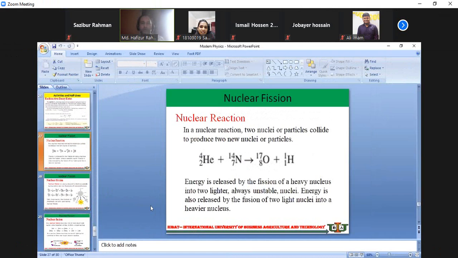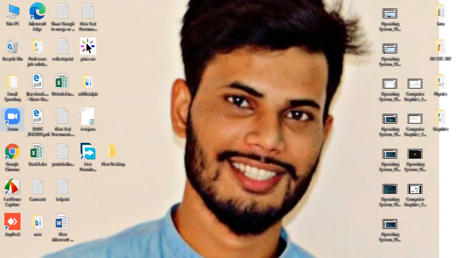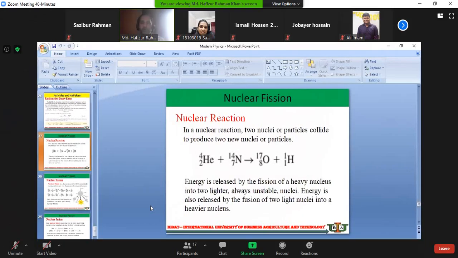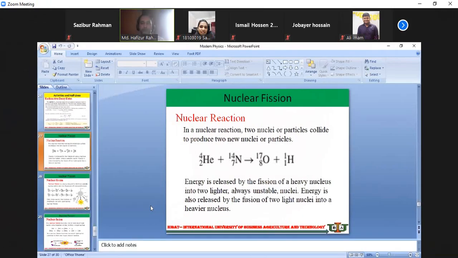Okay, today we'll discuss nuclear reaction. Nuclear reaction and chemical reaction are completely different. In chemical reaction, you have learned in chemistry that electrons are exchanged between the elements and new elements are formed.